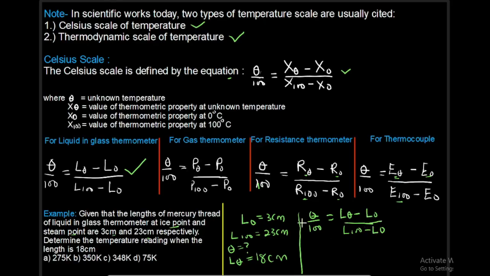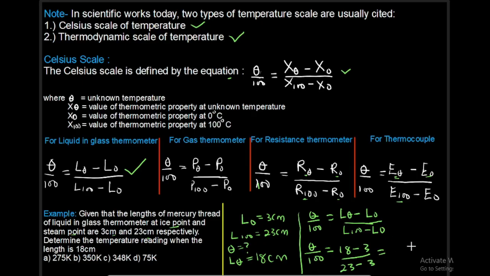So theta here being the unknown temperature over 100 equals L theta, that's the length at the unknown temperature, is 18. So we have 18 minus L naught, which is 3, all over L 100, which is 23, minus L naught, which is 3. And that will give us theta over 100.